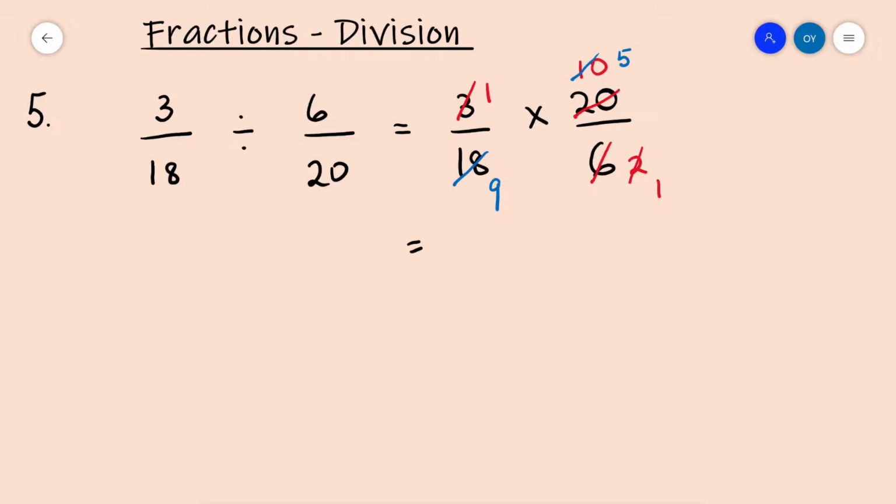We have reduced all this to the lowest term, so we have 1 over 9 multiplied by 5 over 1, and this is 5 over 9.